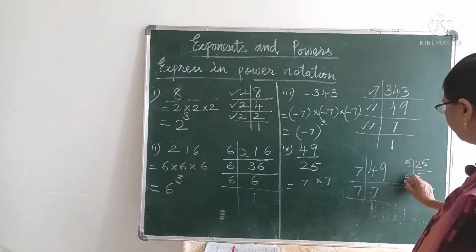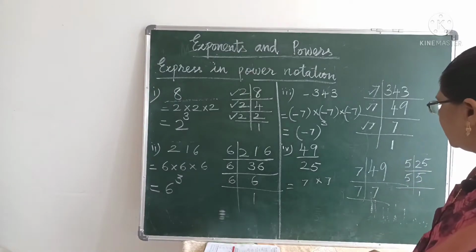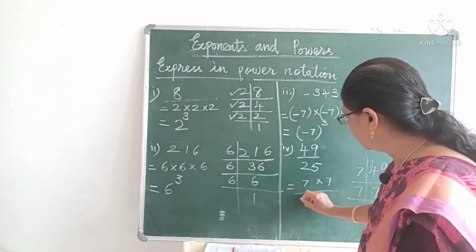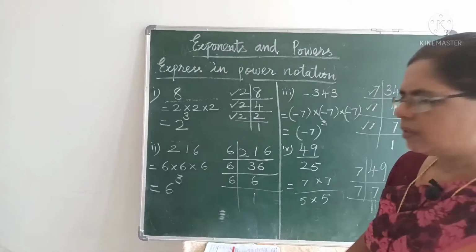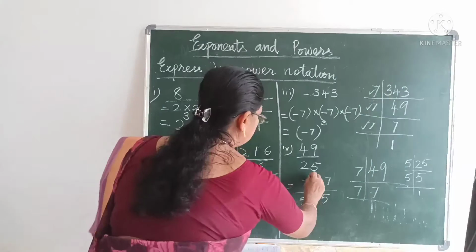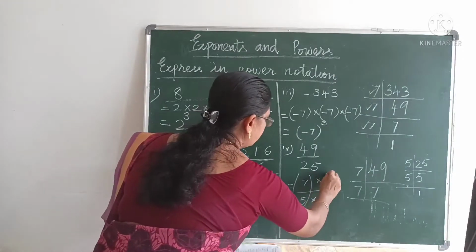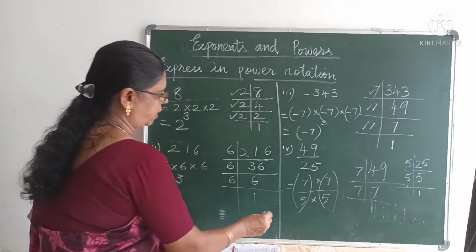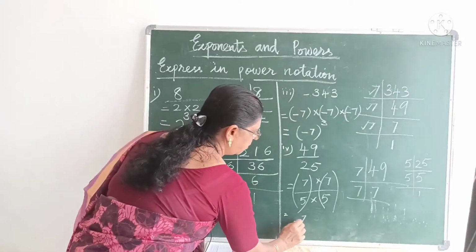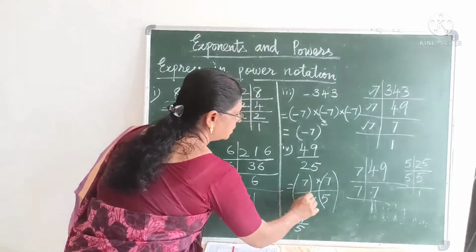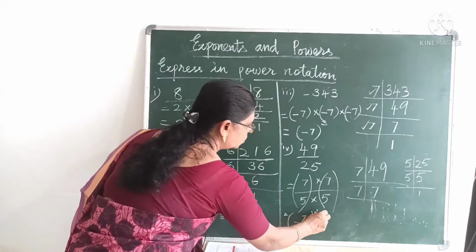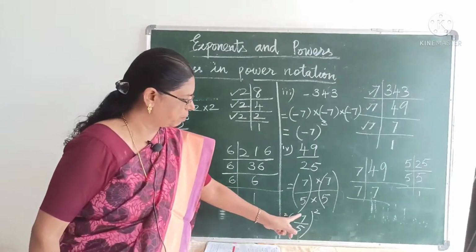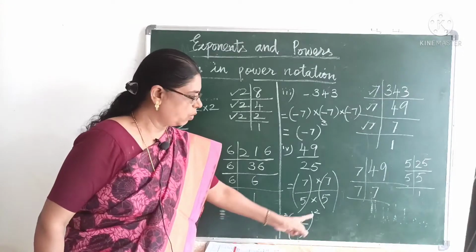Again divide it by 5. The answer will be 1. So it is 5 into 5. Now you can take it as 7 upon 5 and 7 upon 5. So 7 upon 5 is taken 2 times. So the power is going to be 2. How will you read it? 7 upon 5, the whole square.